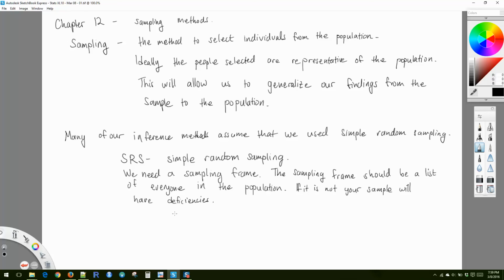All right. So the way it works is with the sampling frame. Select individuals one by one at random. The selected people will be your random sample.